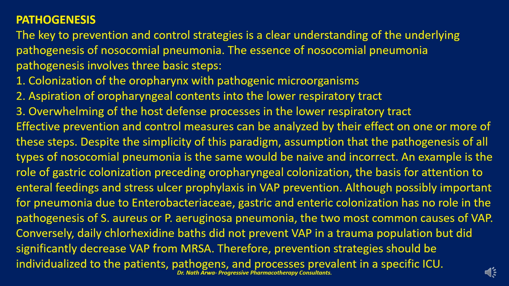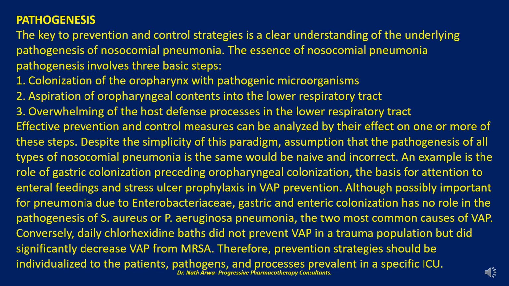Despite the simplicity of this paradigm, assumption that the pathogenesis of all types of nosocomial pneumonia is the same would be naive and incorrect. An example is the role of gastric colonization preceding oropharyngeal colonization, the basis for attention to enteral feedings and stress ulcer prophylaxis in ventilator-associated pneumonia prevention.